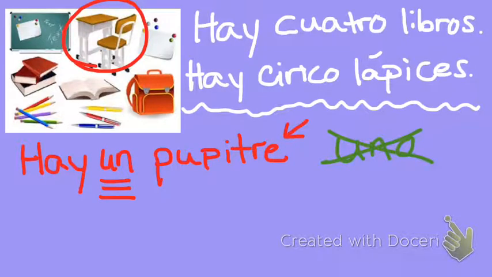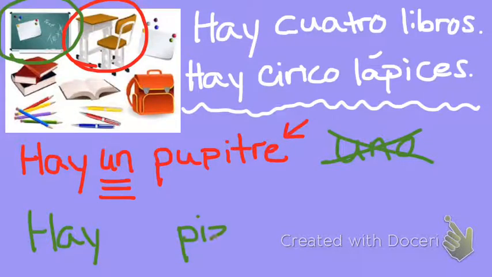So let's go on and let's imagine that now we're going to count something else. We're going to count, let's say, the blackboard. Okay, so we can say hay, and we know we're going to be talking about pizarrón. Don't forget your accent mark. Punto.